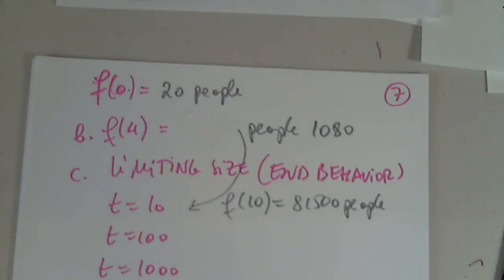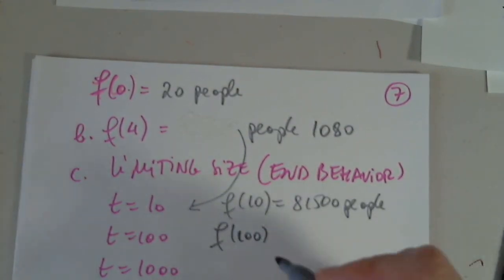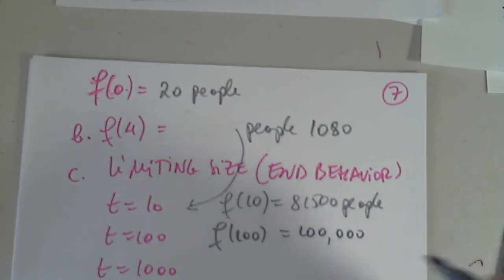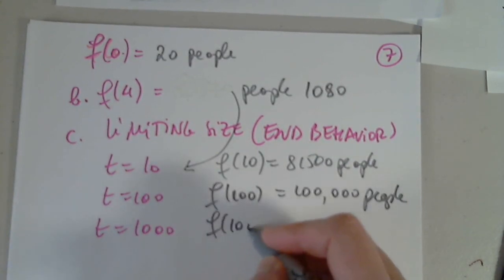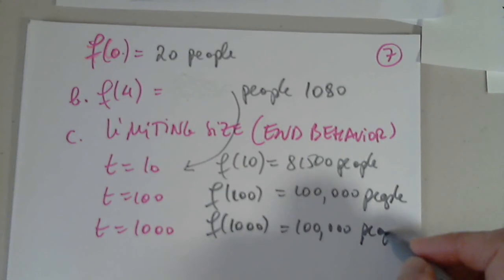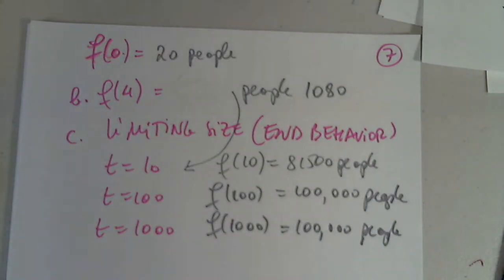Let me also copy the other ones. So for f of 100, I got, of course, 100,000 people. For f of 1,000, of course, I got 100,000 people, and so on and so forth. So what is the limiting size of the population that can get ill?